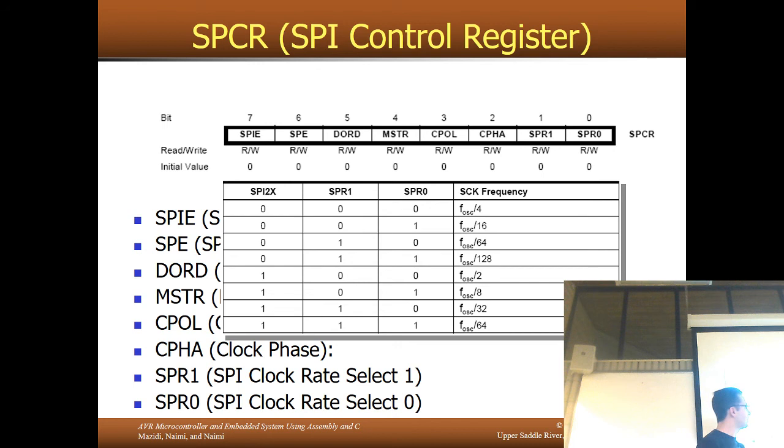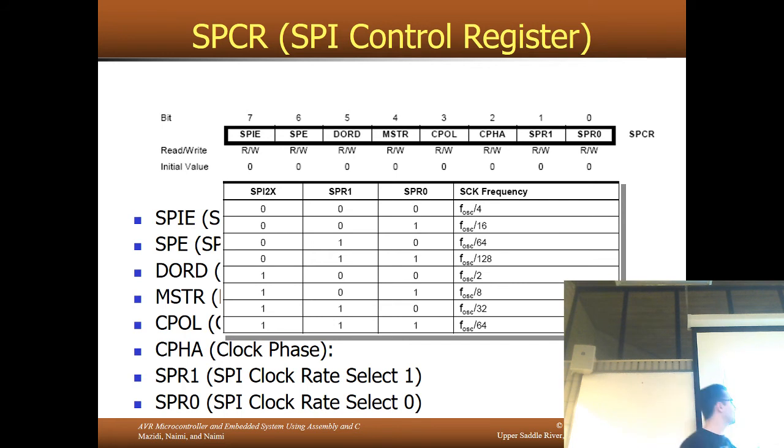So we have 4, 16, 64, 128, 2, 8, 32, 64. The last set of 4 is just the first set of 4 divided by 2. Well, or sped up by 2, right? So the denominator is divided by 2, which is multiplying the speed by 2.